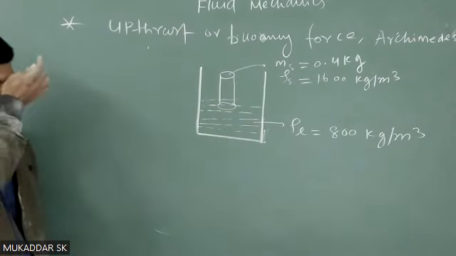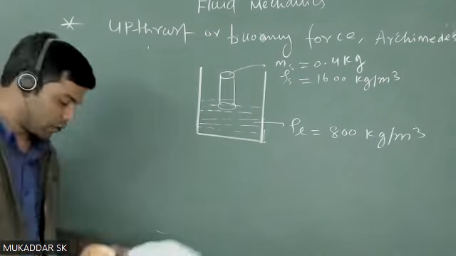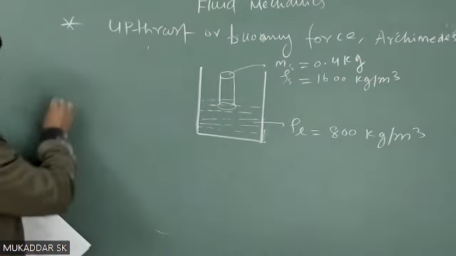Mass of this cylinder is given 0.4 kg. Density of cylinder is 1600 kg per meter cube. Density of liquid is given 800 kg per meter cube. And you have to calculate the upthrust force.